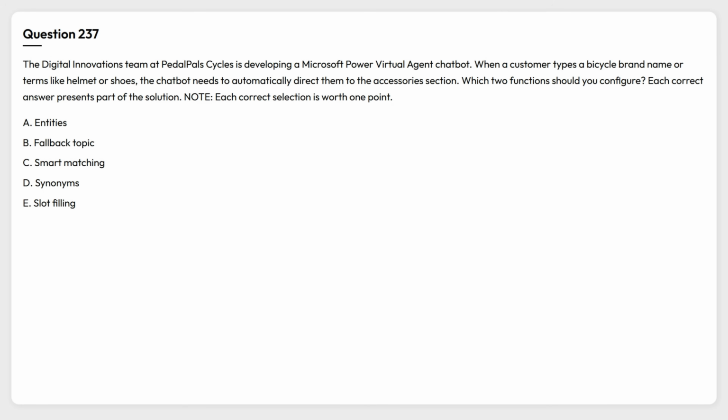Option A, entities. Option B, fallback topic. Option C, smart matching. Option D, synonyms. Option E, slot filling. The correct answers are option A, entities. Option D, synonyms.